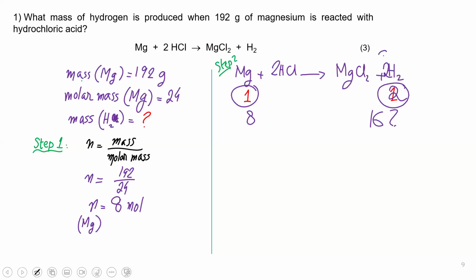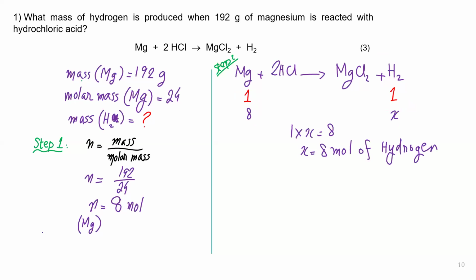If there is a 3 here, then it will be 1:3, and then it will be 24. Okay. Now, what will be the moles of hydrogen? 8. Yes. Now convert the moles into mass of hydrogen.